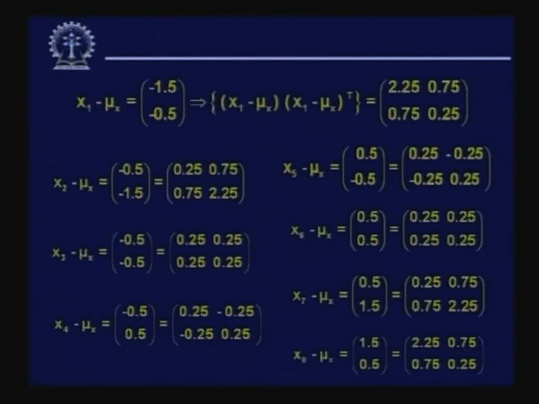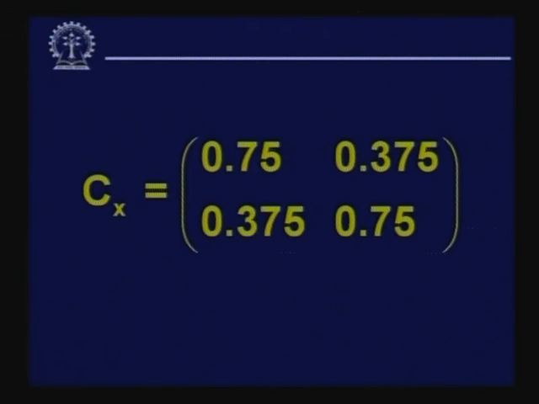Finally, the average of all of them gives us the covariance matrix C x, which will come out to be 0.75, 0.375, 0.375 and 0.75. So, this is the covariance matrix of the population of vectors x.